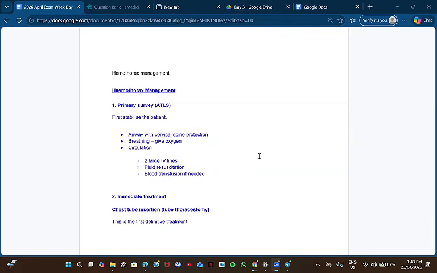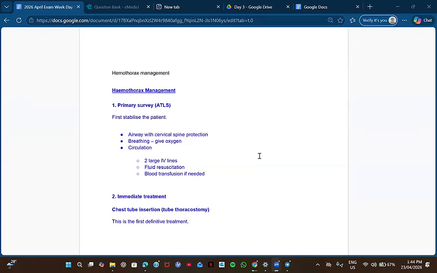On respiratory examination, we can see decreased breath sound in the affected area, dull sound on percussion, and reduced chest expansion. Those are the things. Then we'll go one by one. So, what are the investigations?